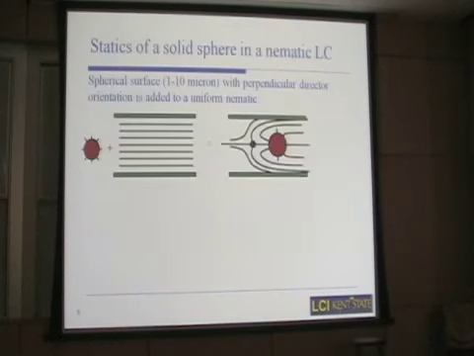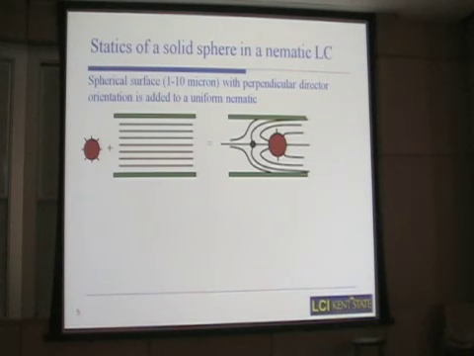And the subject of interest, as I said, will be a solid sphere, and at the surface of any material in contact with the liquid crystal, anisotropy of molecular interactions results in the so-called anchoring direction. And in our case, experimentally, we always achieve a situation when the liquid crystal director wants to be perpendicular to the interface. So if you have a sphere, you have a kind of hedgehog around the sphere.